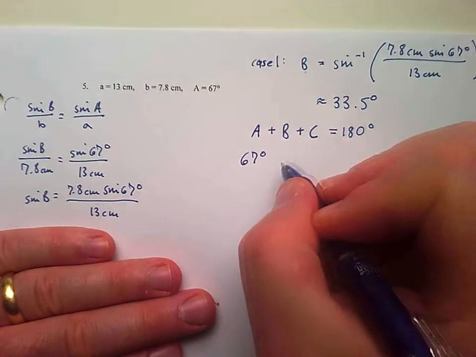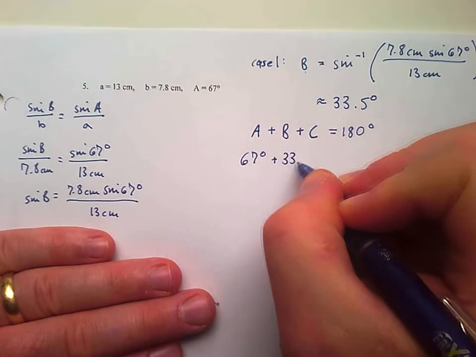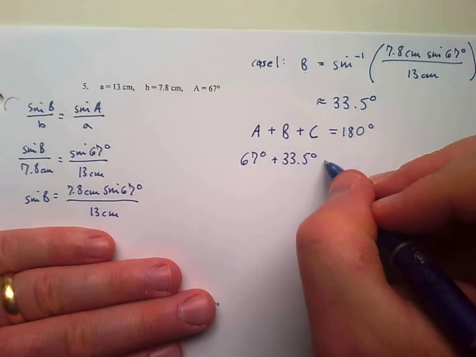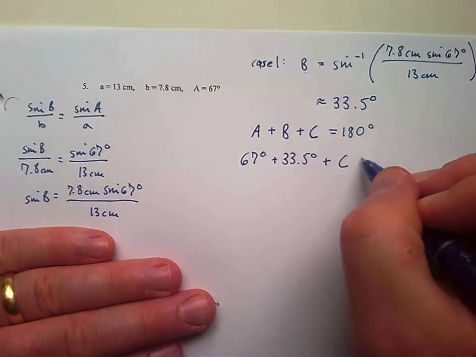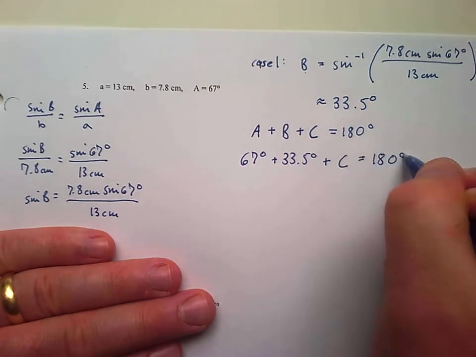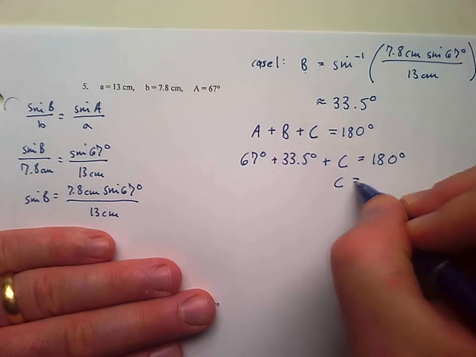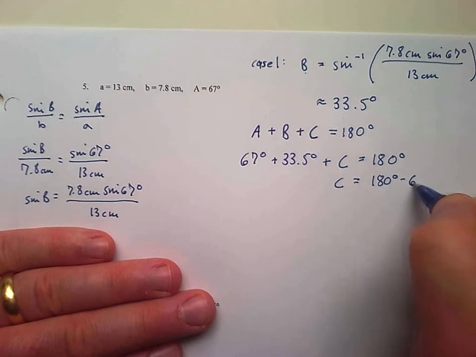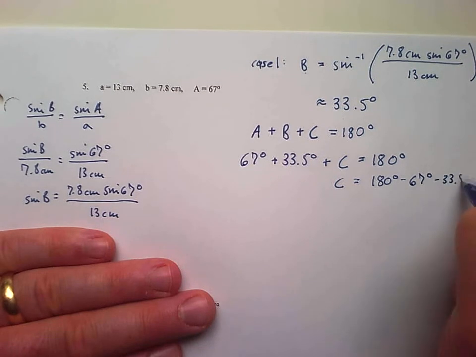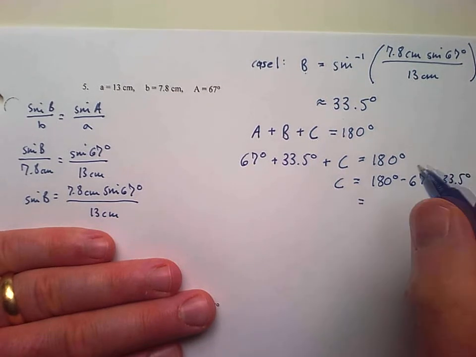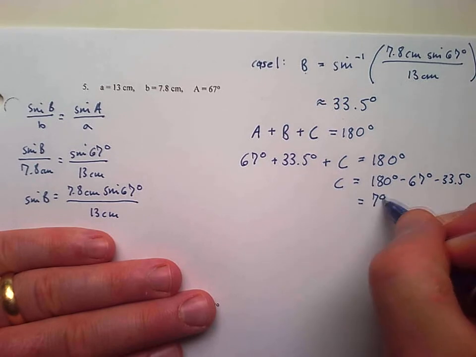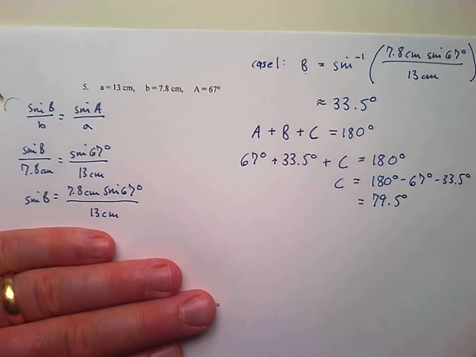We have 67 degrees, plus we just found out that we have 33.5 degrees, plus an angle C. Can we come up with that to be equal to 180 degrees? If we solve for C, it's going to be 180 degrees minus 67 degrees minus 33.5 degrees. So C will come out to 79.5 degrees. And that is completely an okay angle for an angle in a triangle.